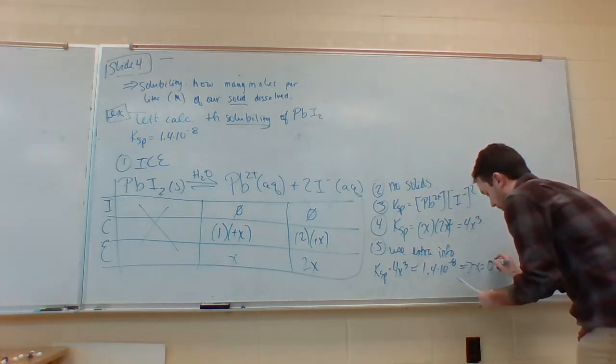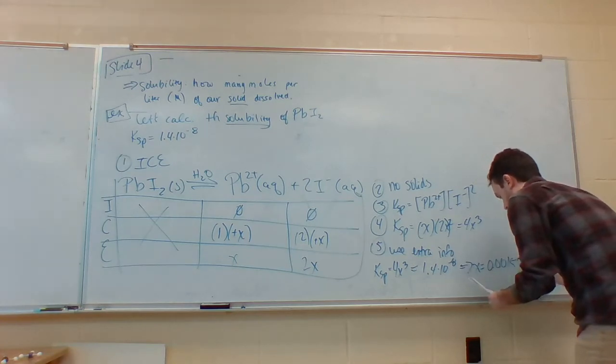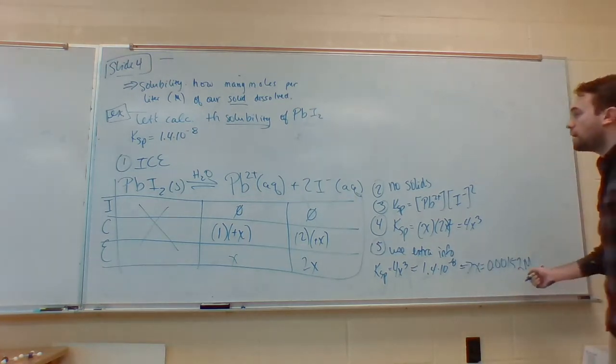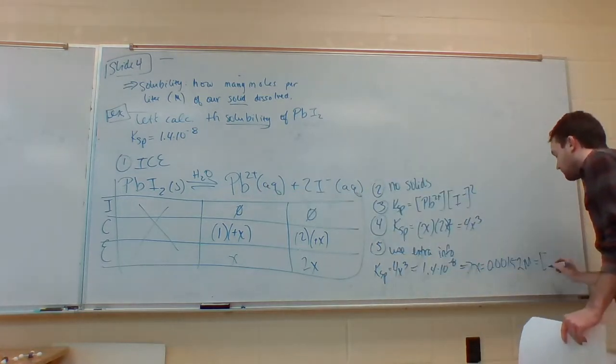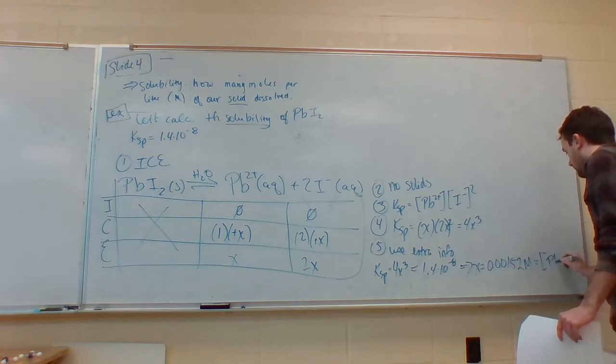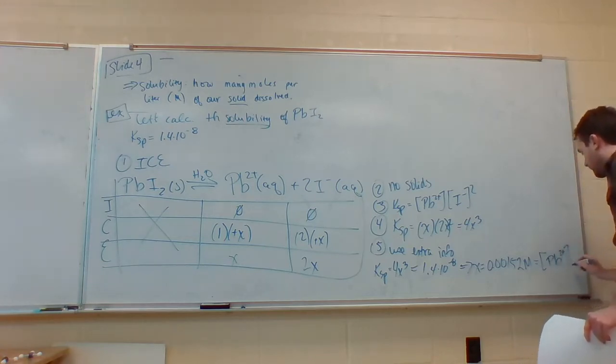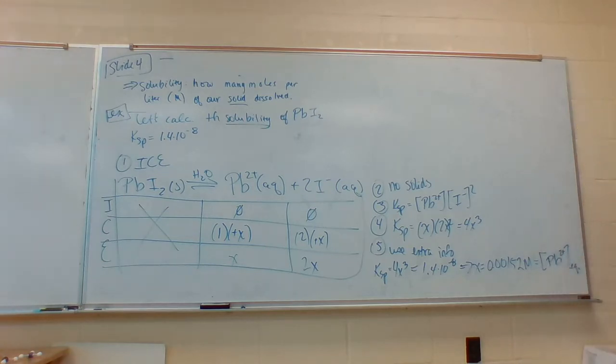X in this case is equal to 0.00152 M, and that corresponds to our concentration of Pb2+ at equilibrium.